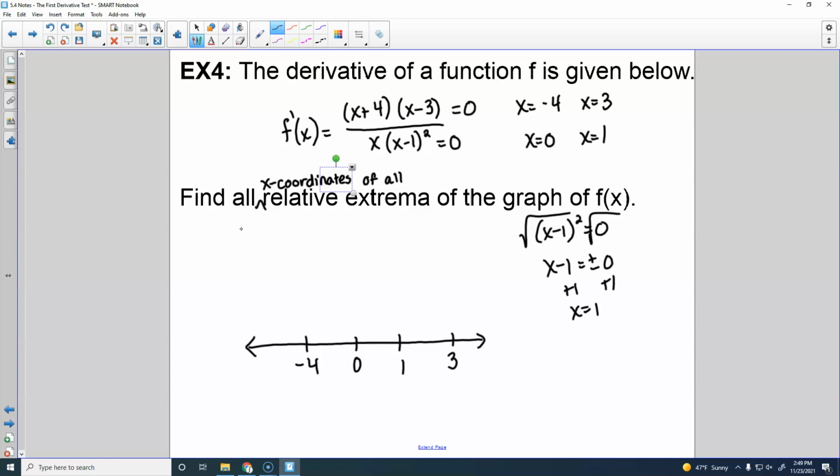Okay, so we will list x plus 4, x minus 3, x, and x minus 1 squared. Those are all the pieces of our derivative. And then the last thing I always put is f prime of x.